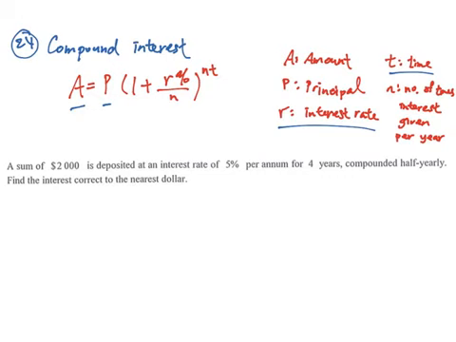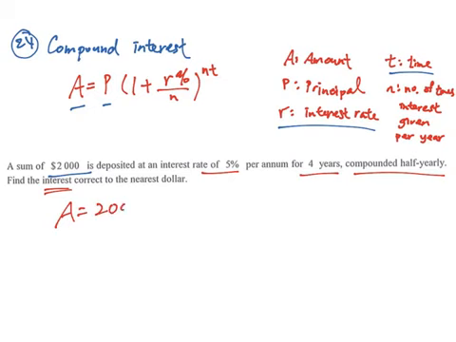Let's see an example. The sum of 2,000 is deposited at an interest rate of 5%, for 4 years and compounded half yearly. Find the interest. First, we find the amount.